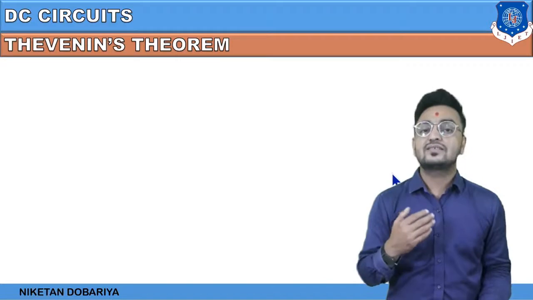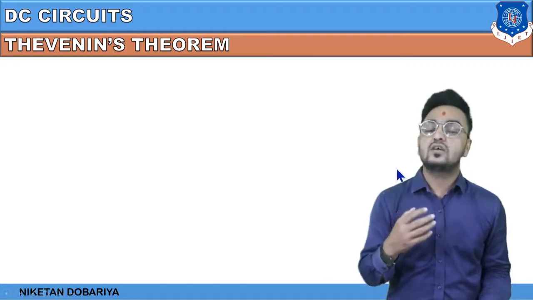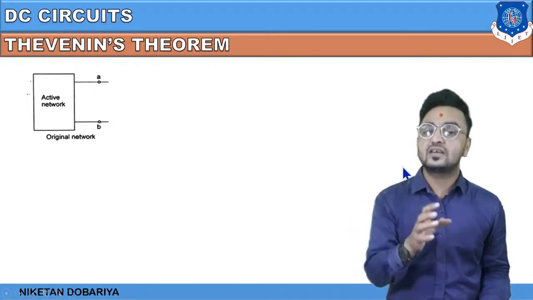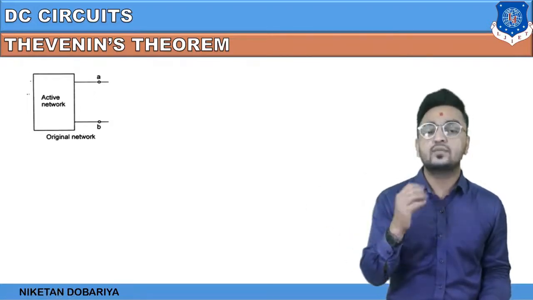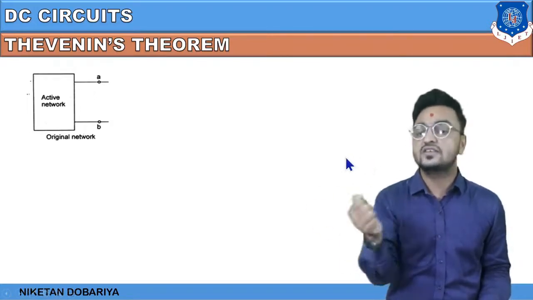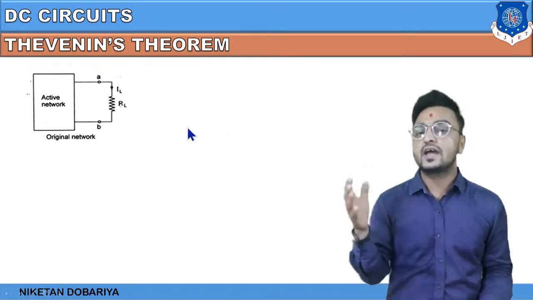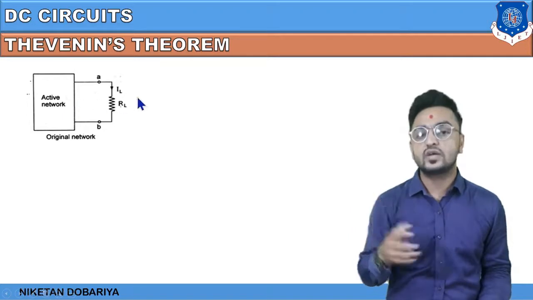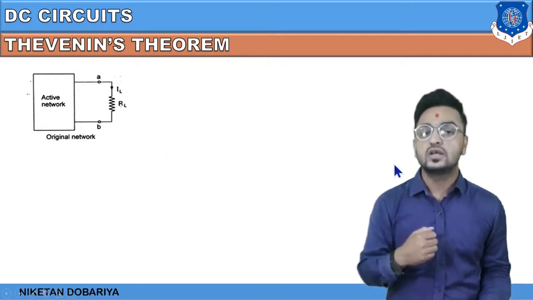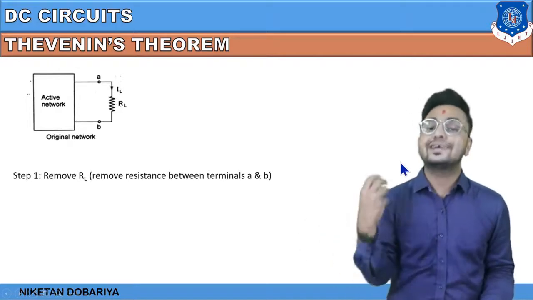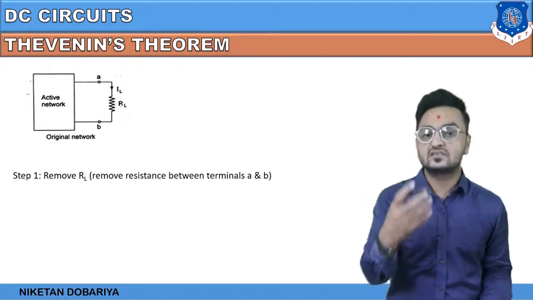Next we will discuss the steps to derive the simplified, or equivalent, Thevenin's circuit. Let's consider the same diagram again. We have a complex network connected with this load resistance, and we want the equivalent circuit of Thevenin's theorem.